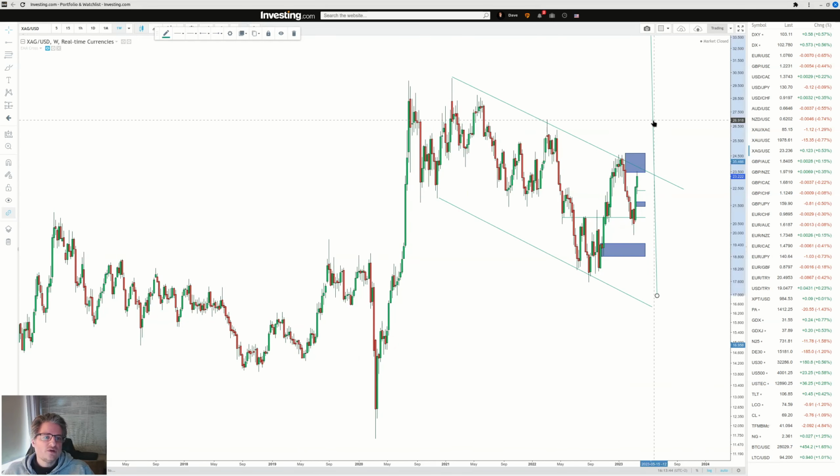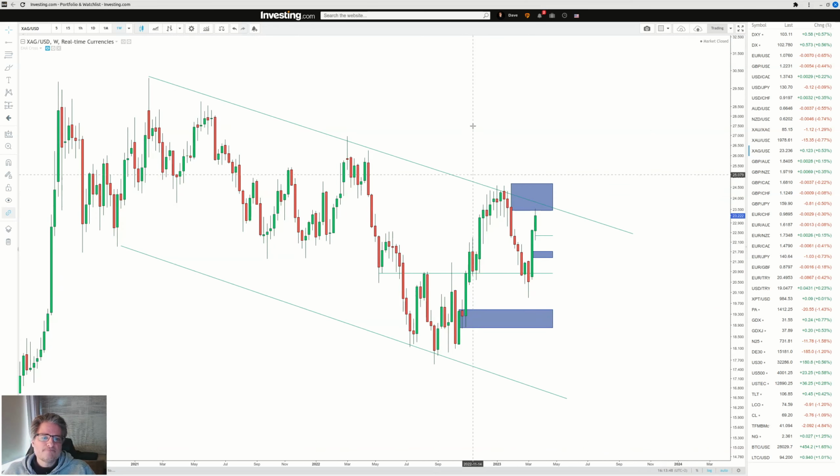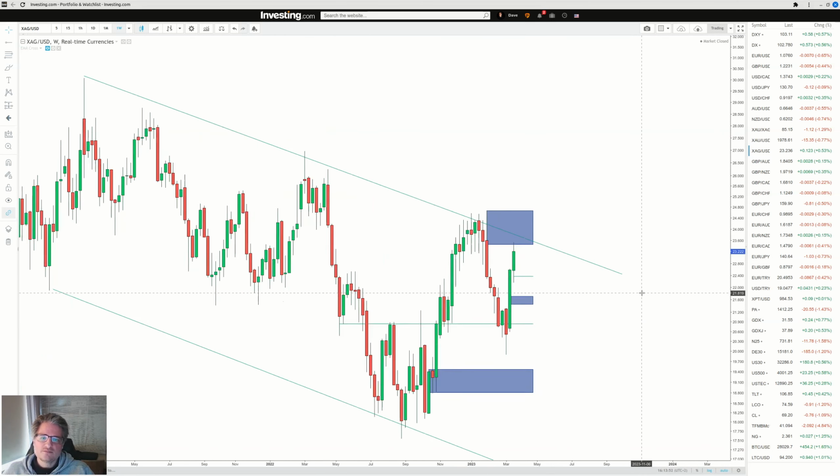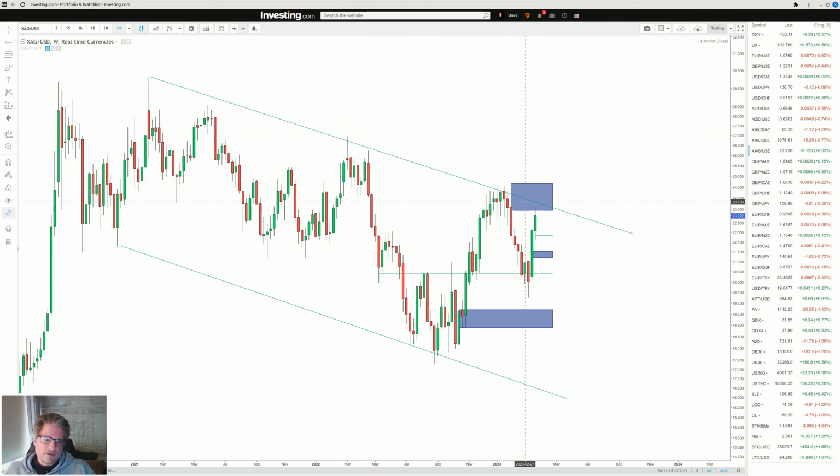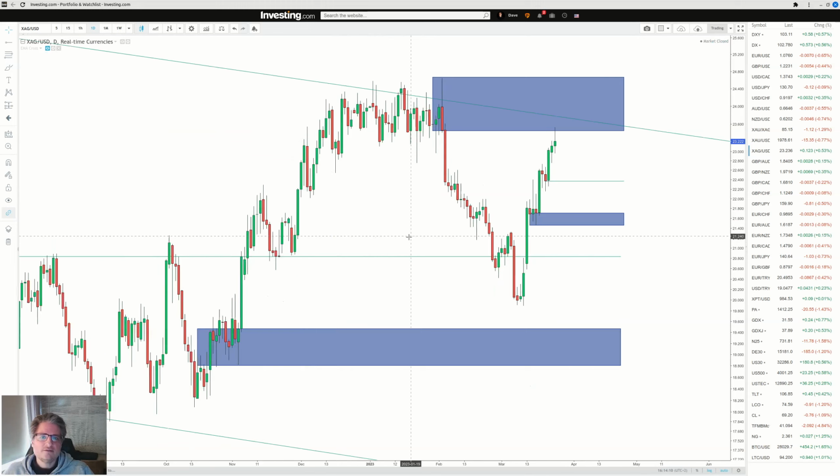The question is, when will this happen? So of course this is the weekly, so it's going to take a long time to wait for trades, but maybe in the shorter term we can see price first move down and then up again, and then maybe break, or it might break here, but we had 1, 2, 3 touches, so this is going to be the 4th touch. Let's look at the daily.